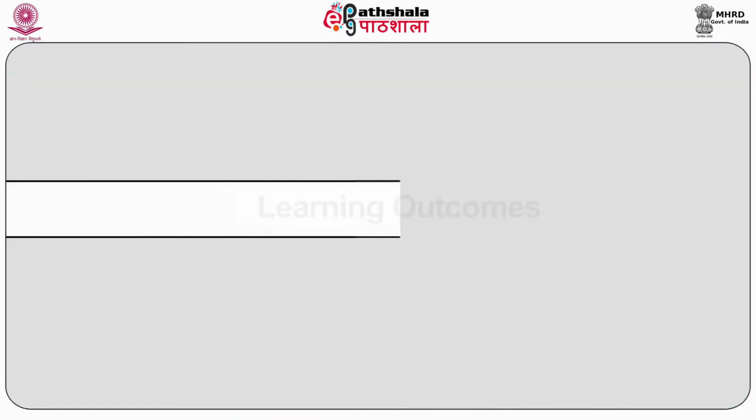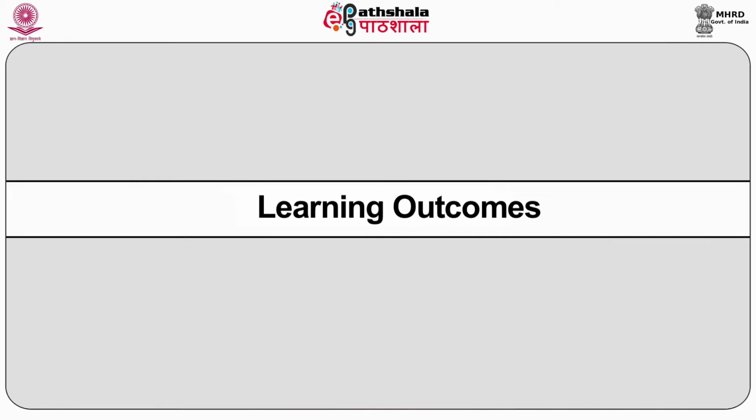Thus, it can be seen that international humanitarian law establishes a framework which guarantees the right to humanitarian assistance and imposes various obligations for the realization of such a right during international armed conflict. Now, what are the learning outcomes?